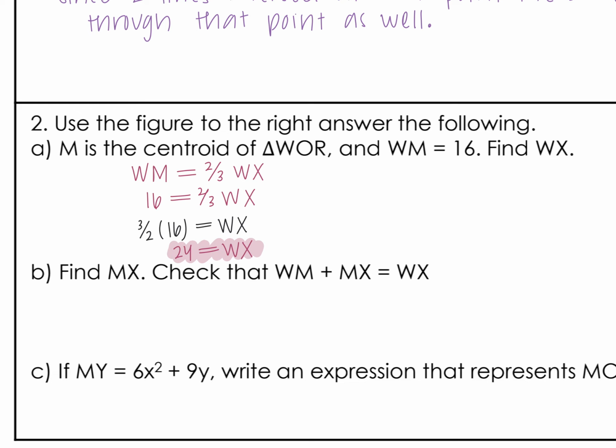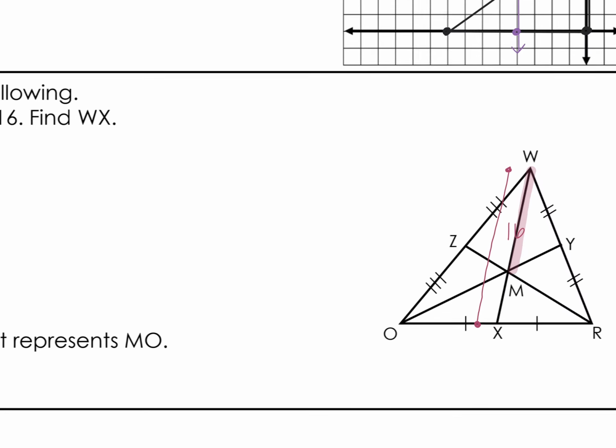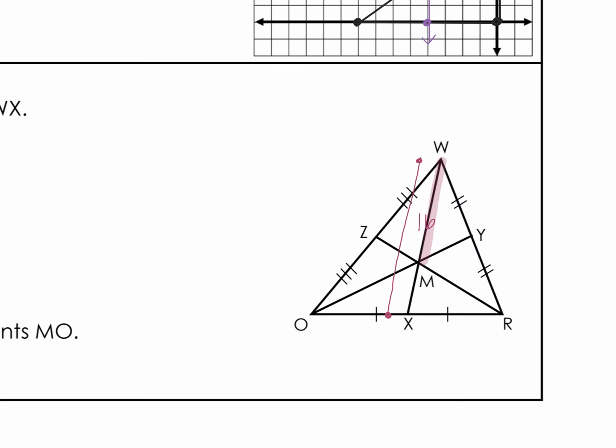All right. Then in part B, they're asking us to find MX, and check that WM plus MX will equal WX. So, carrying off of that, if we currently know that WM is that 16, and we are trying to find that MX, so M all the way to X here. Remember, that's from your center to a side. That's the 1/3.